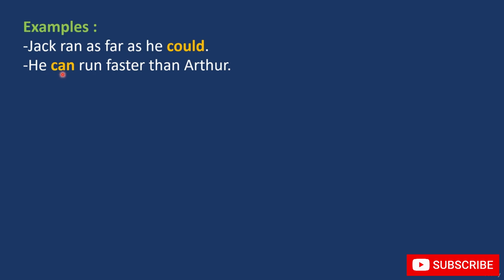He can run faster than Arthur. I speak about his ability. He can run faster than Arthur every time, every day. But when I speak about something happened and finished, so Jack ran, and here also we have the word could. So can present and could past.